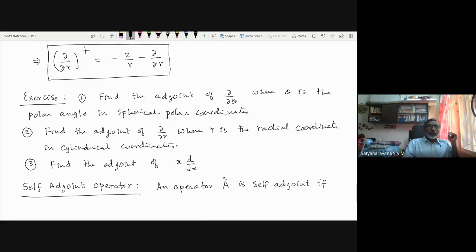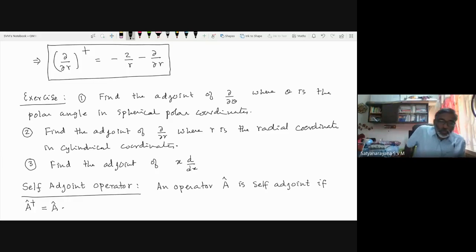An operator A is self-adjoint if A dagger, that is the adjoint of an operator, is equal to A.